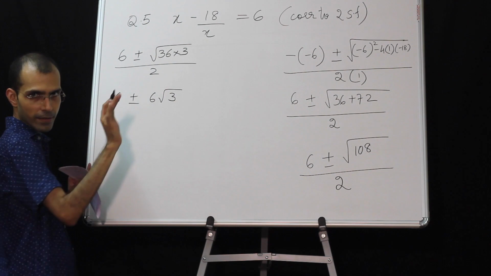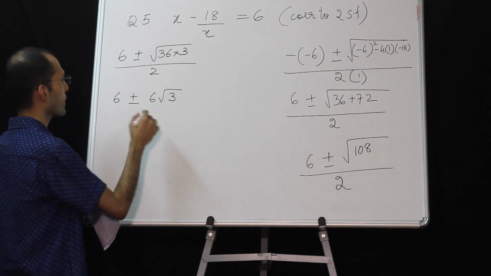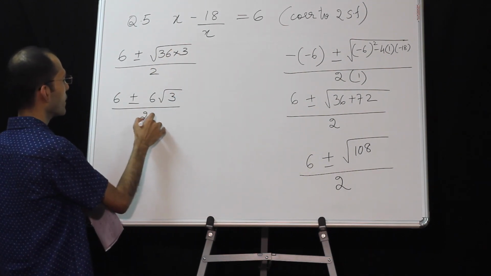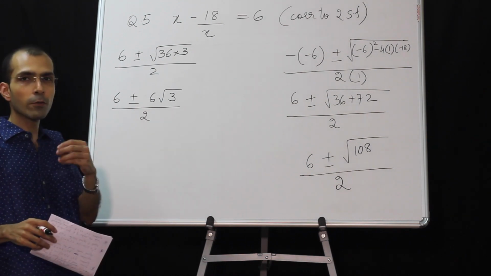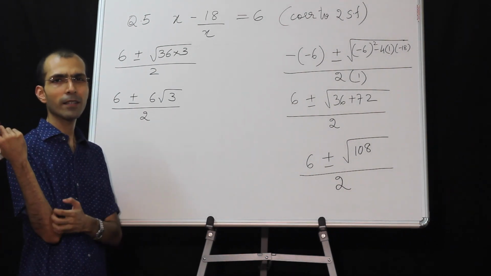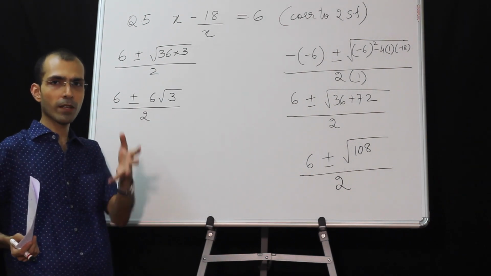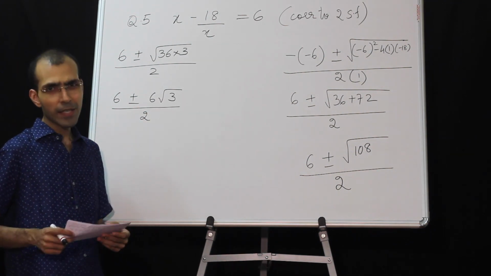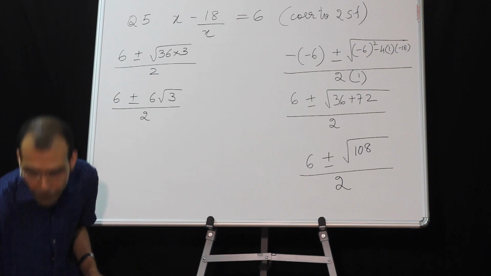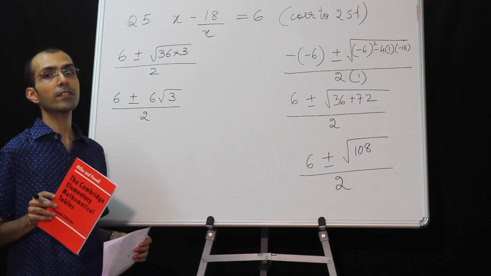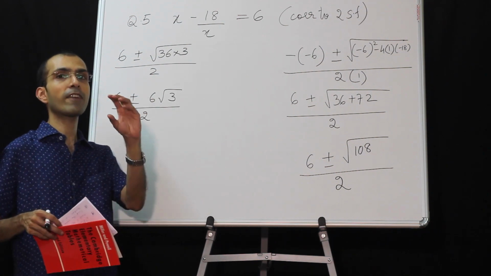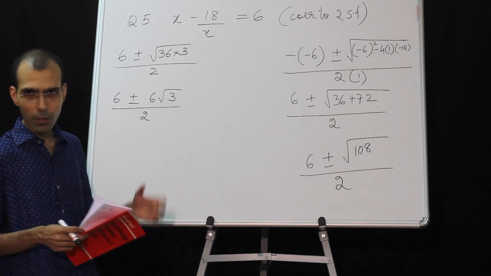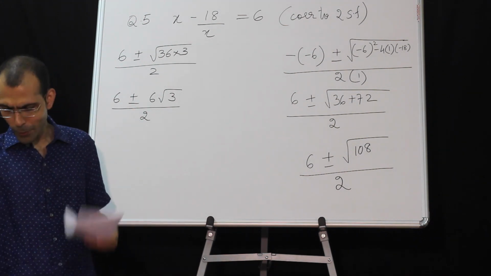Square root of 36, 6 and then into root 3 divided by 2. Now root 2 and root 3, it is good if you learn by heart. Root 2 is 1.414 and root 3 will be 1.732. Nevertheless, you can refer to these tables again. Which page? Page 28, powers and factorials. You will get the square root of 3. So no need to worry in case you have forgotten also.